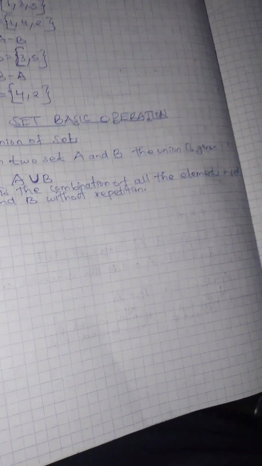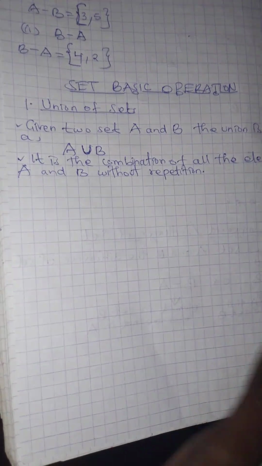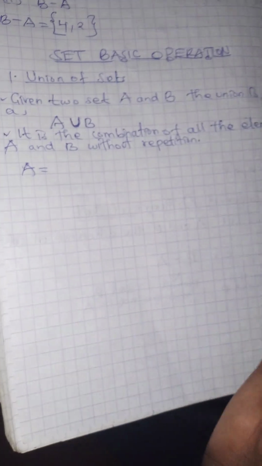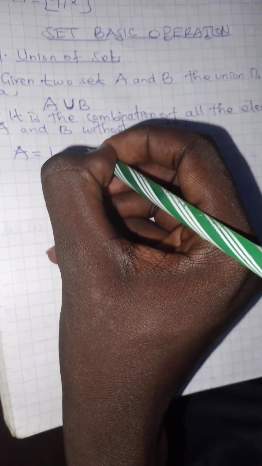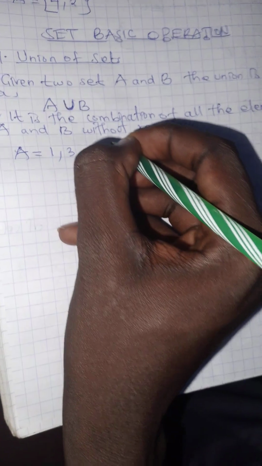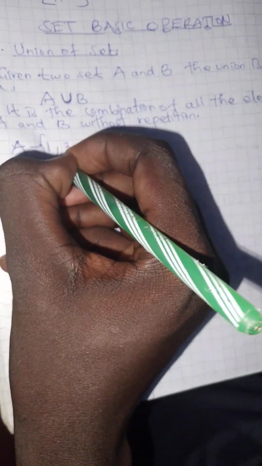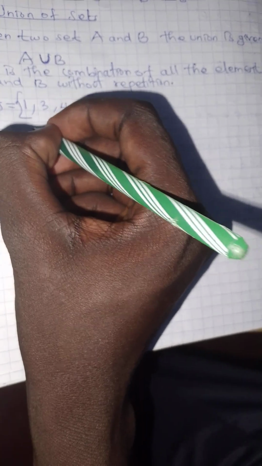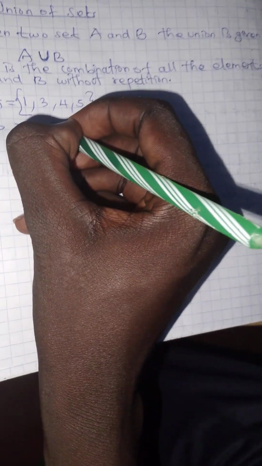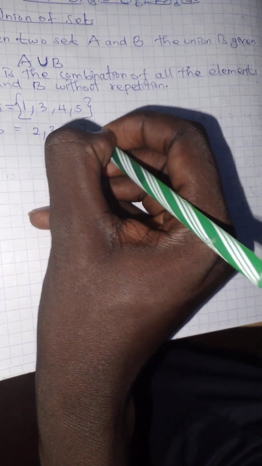For instance, let's look at a certain example here. We have a set A which has the following elements: 1, 3, 4, and 5. The set B which has the following elements: 2, 3, 5, and 7.